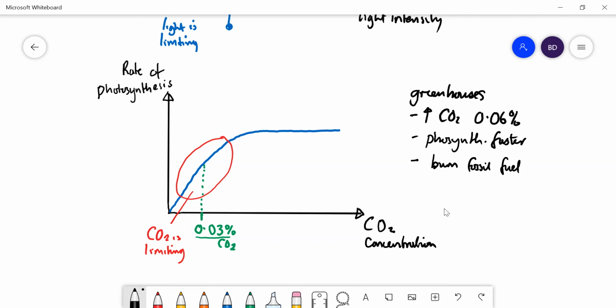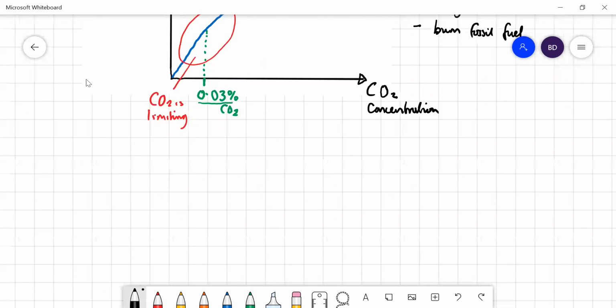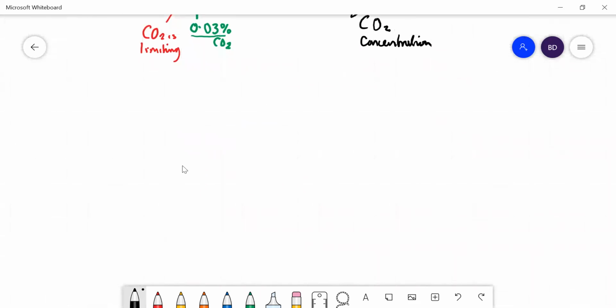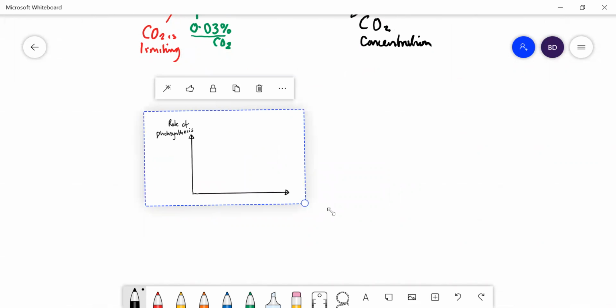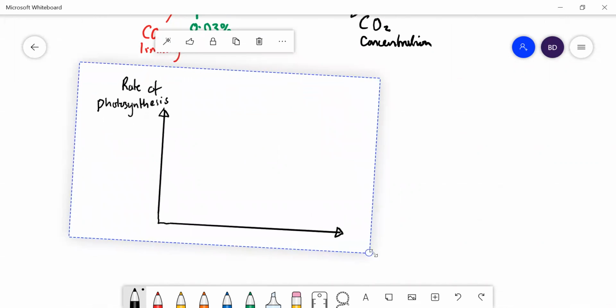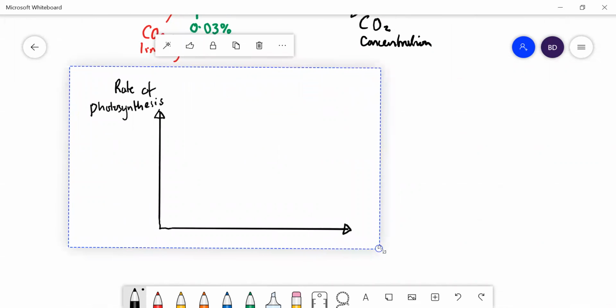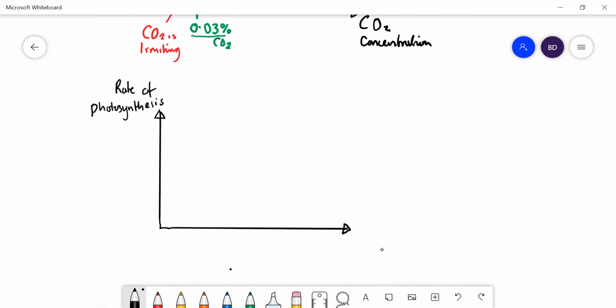Okay, now let's look at the effect of temperature. This is similar to any enzyme catalyzed reaction. What happens here? For the temperature here, you get a graph which will look something like this.